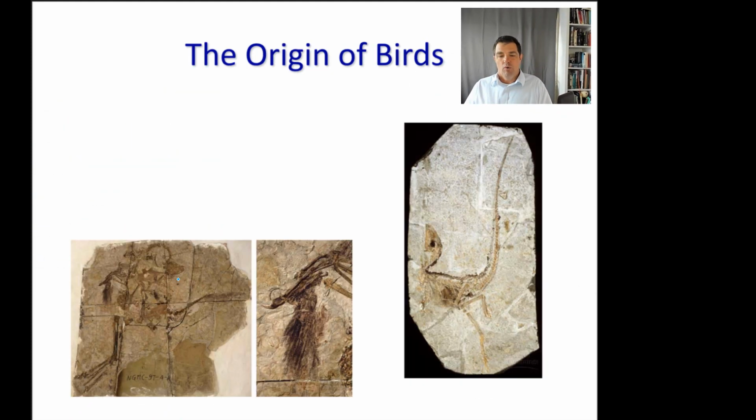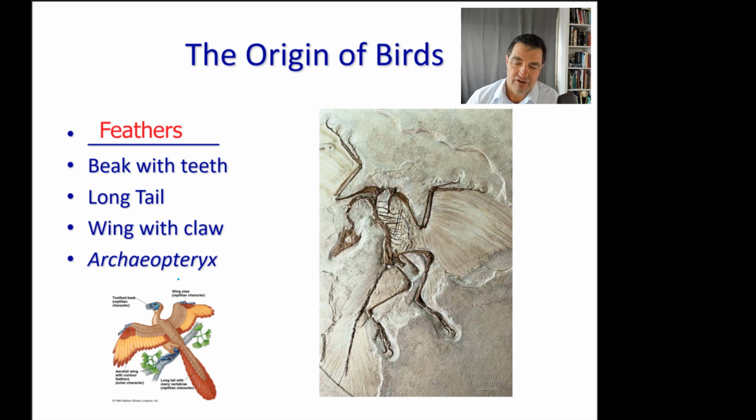Now, what we notice back in the fossil record, the origin of birds, one of the most famous fossils of all time is this one here, Archaeopteryx. And you should know that one, Archaeopteryx. That is a very primitive ancestor to the birds, and people debate whether it could fly or not. Probably it could not fly, but rather it could probably glide.